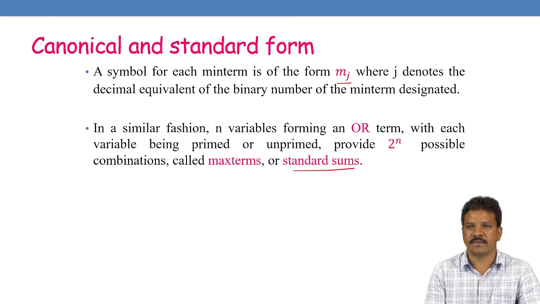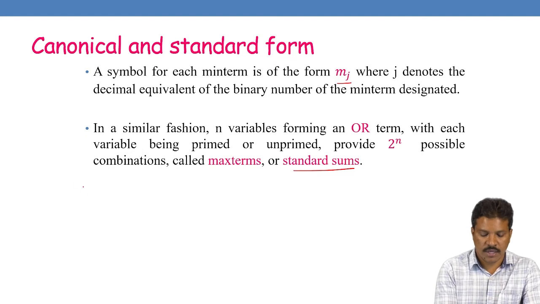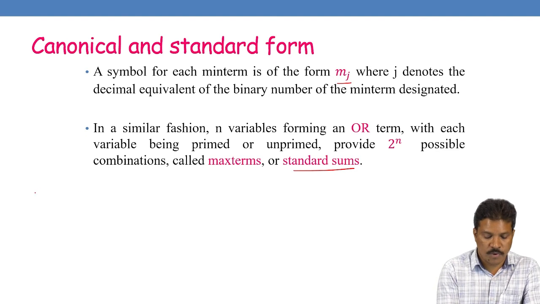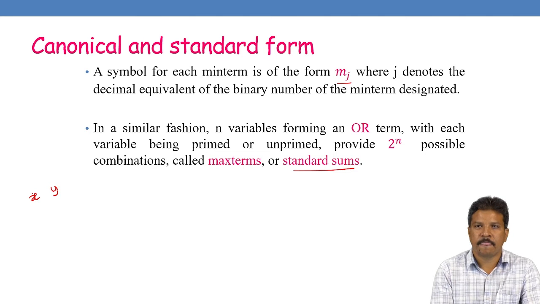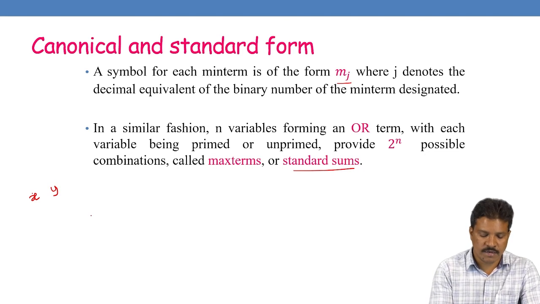For example, if you take 2 variables x and y, since these variables are available in complemented and uncomplemented form, what is the max term representation? The variables are represented as max terms when we form them with an OR operator.